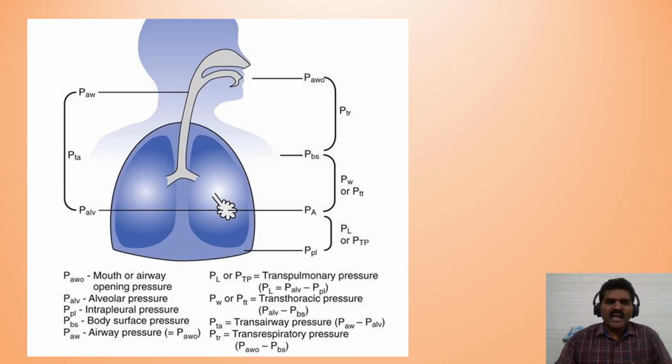There are some pressure gradients like the transpulmonary pressure, which is the pressure difference between the alveolar pressure and the pleural pressure; the transthoracic pressure, which is the pressure gradient between the alveoli and the body surface; and the trans airway pressure, which is the airway pressure at the opening of the airway to the airway pressure at the end of the airway, that is the alveolus. And the transrespiratory pressure, which is the airway opening pressure minus the pressure at the body surface.